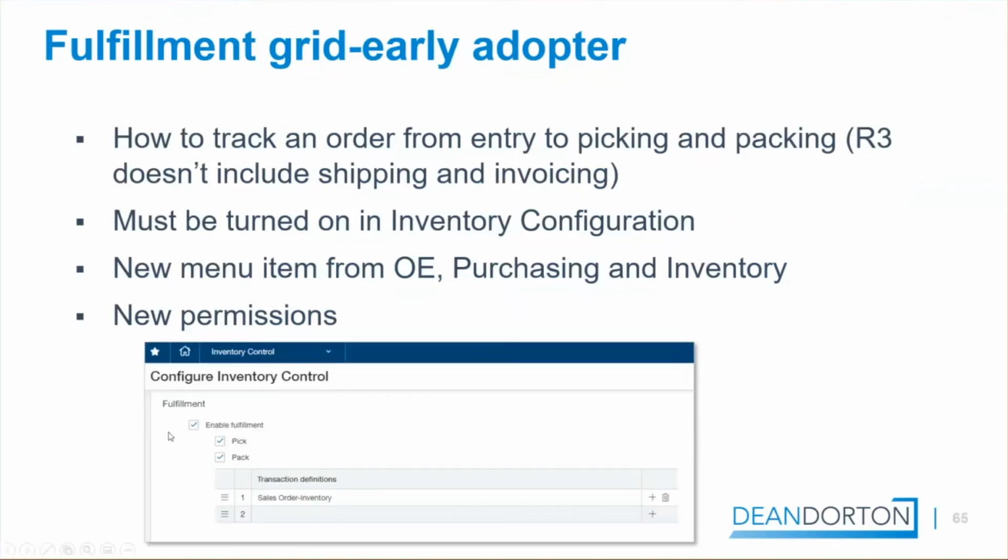When you do this, you can go into inventory control, and you'll see new areas in here for fulfillment with picking and packing and what transaction definitions this applies to. So, new features, early adopter program for the fulfillment grid. If you're using inventory, this has the potential to be a really nice function to have inside the system.